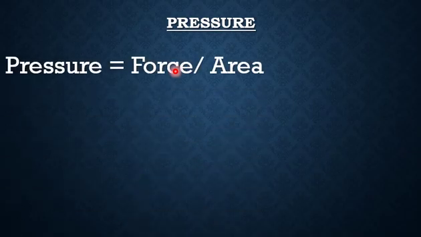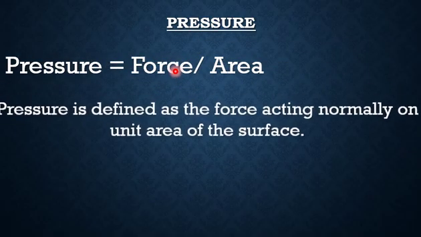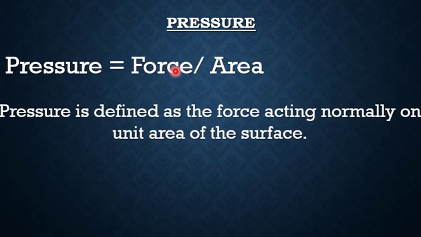Now we will define the term pressure. The formula of pressure is force by area. From this formula, I can define pressure. See how: if I make the area 1, that is unit area, then pressure becomes equal to force.